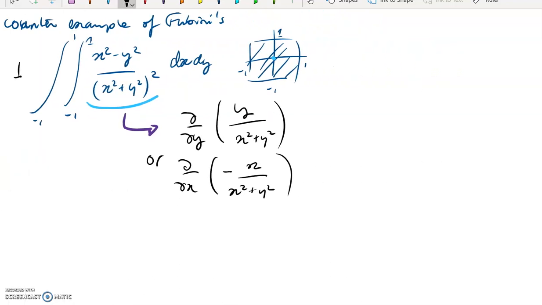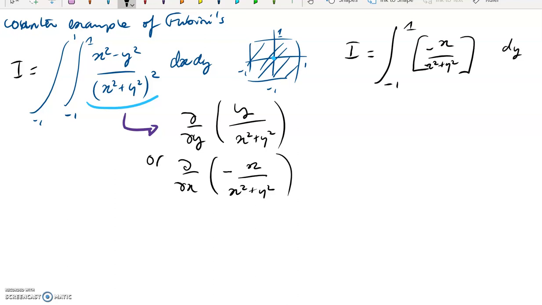So let's perform this integration. Let's call this I as the integral. If I keep my order, dx first and then dy, I get the integral from -1 to 1, keeping the dy, and the dx tells me that it's going to be the primitive of this function as a function of x, so minus x over (x² + y²), between -1 and +1.